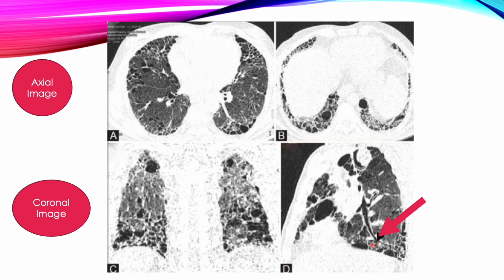Here also you can see macro cysts, and this is the MPR reconstruction. So the MPR reconstruction actually shows that along the bronchus, there are both macro cysts as well as traction bronchiectasis and honeycombing. So by using reconstructions, we can use a low-dose CT also as well as a conventional CT.